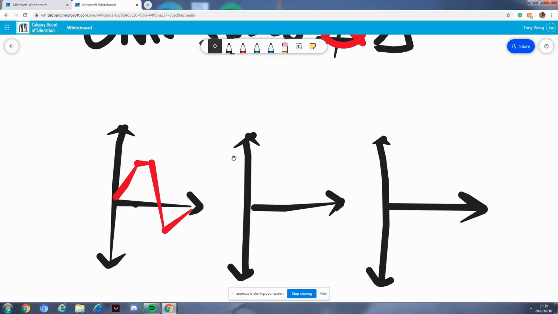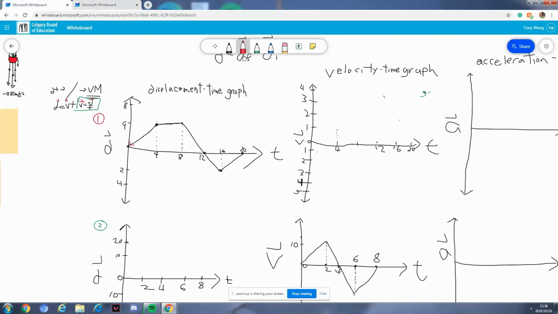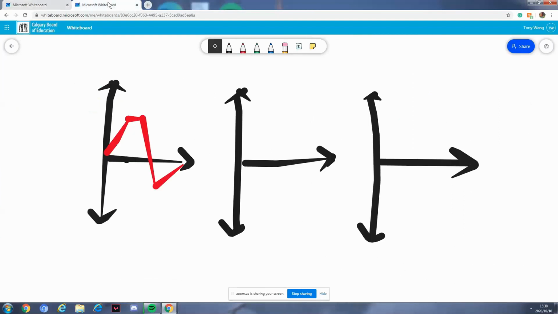Okay, so now let's actually try and find some information here. From 0 to 4 seconds, in the span of these 4 seconds, the person travels 4 meters. So you use the formula v equals d over t, or you can use the slope.